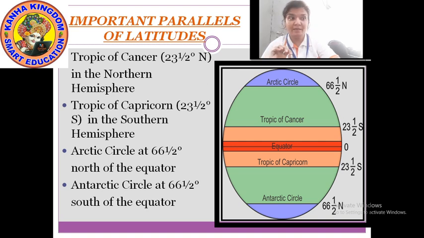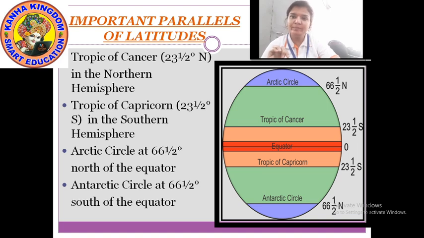I repeat again. The important latitudes are the equator, Tropic of Cancer, Tropic of Capricorn, Arctic Circle and Antarctic Circle.